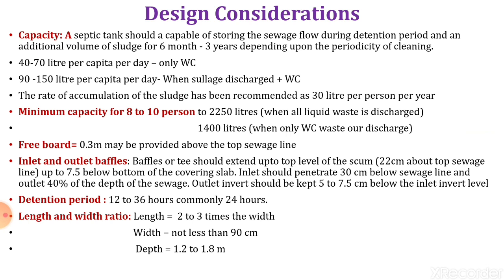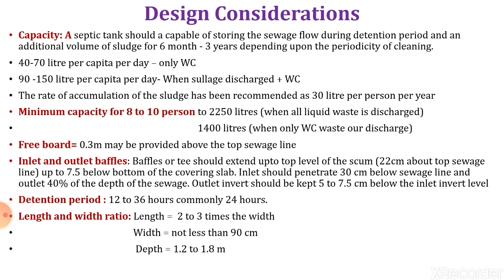So, sufficient capacity has to be provided, keeping in mind the volume of sludge to be accumulated. It is 40 to 70 liters per capita per day if only WCs are used. The capacity ranges from 90 to 150 liters per capita per day when sullage discharge plus WC discharge.